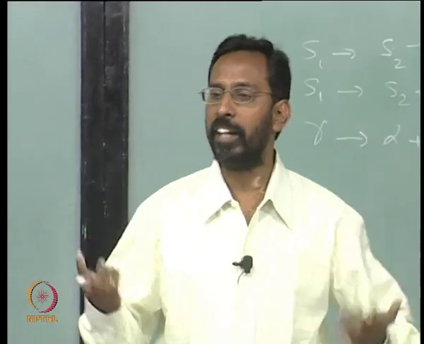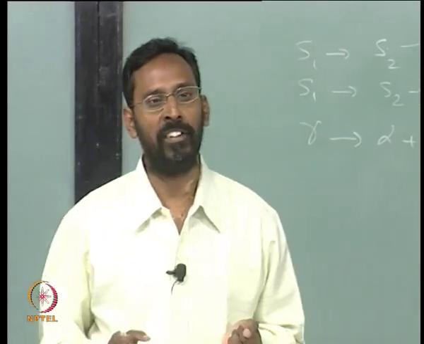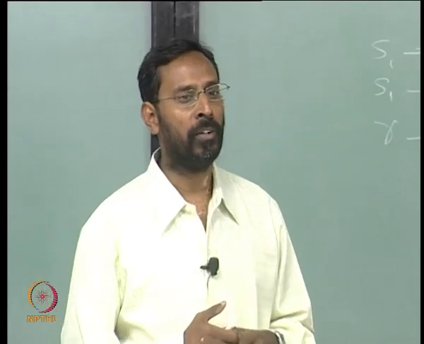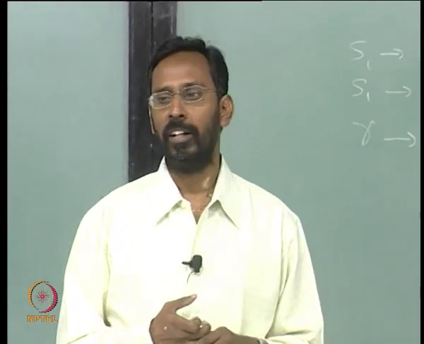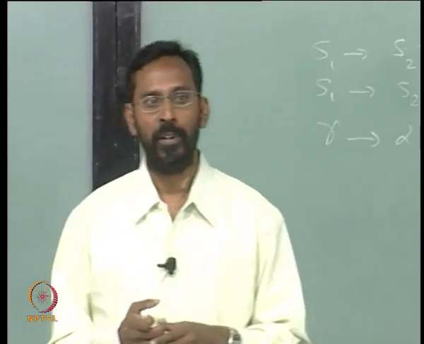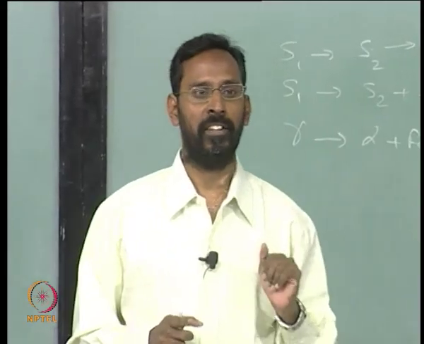In titania there are allotropic transitions. What are the most important allotropic transitions in TiO2? Anybody knows? Anybody who is attending any ceramics class? Rutile to anatase, anatase to rutile, that is another transition. These are all allotropic transitions.